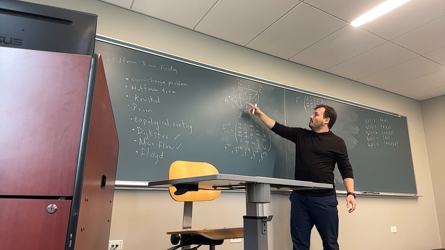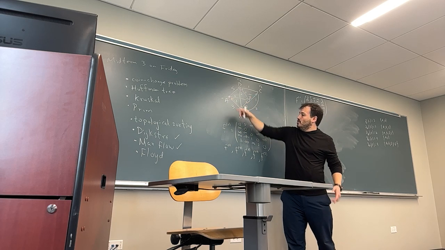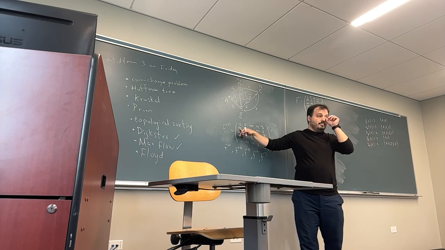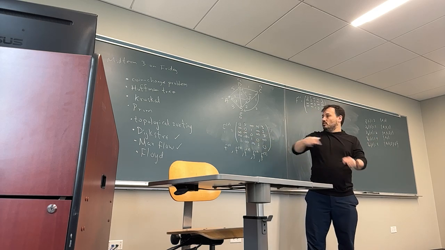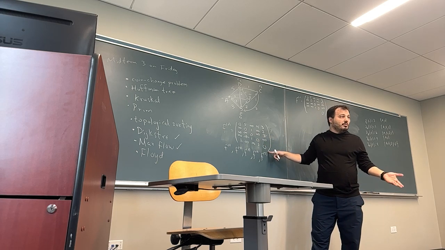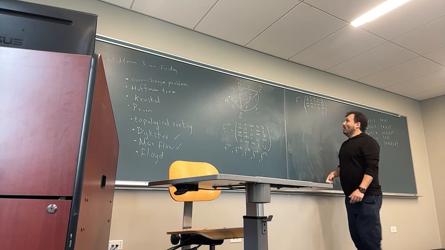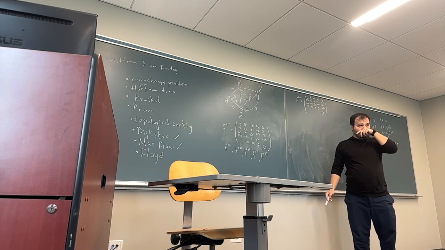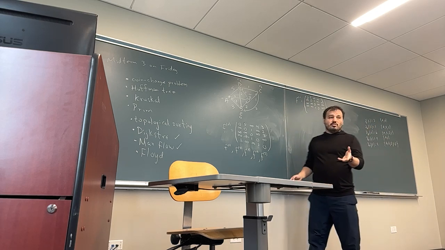From B to A, there's no edge, so 2 comma 1 is infinity. If there's no edge, you write infinity. And from a vertex to itself, you automatically write 0, because you're distance 0 away from yourself. Then F1 represents the paths that use that first vertex.